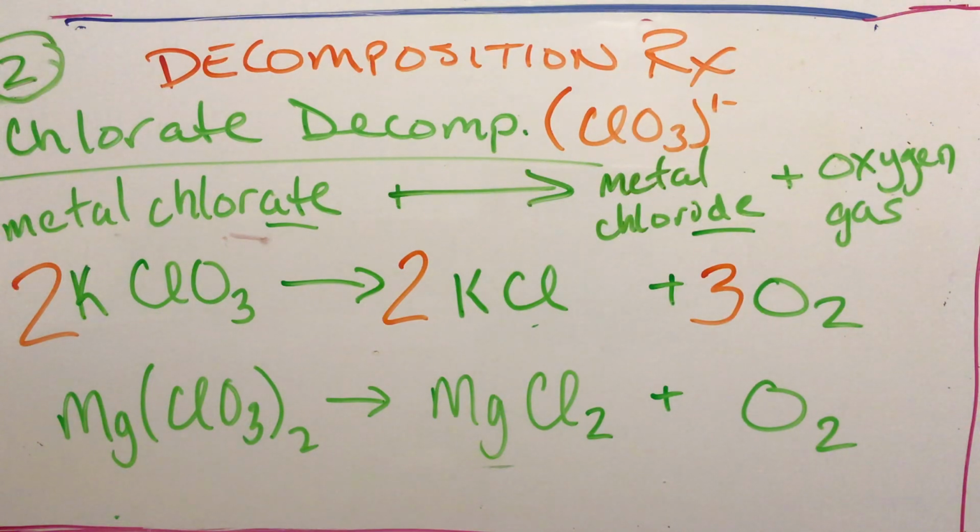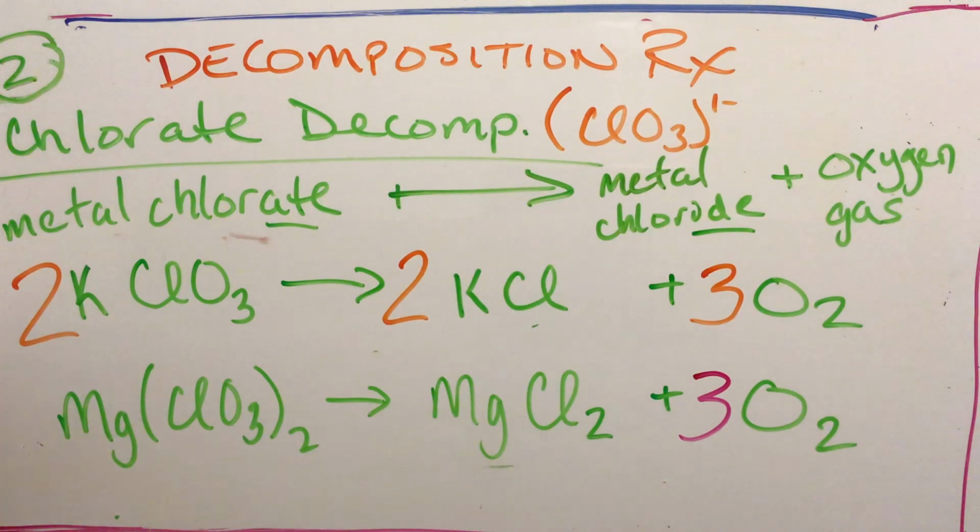So if we look here, magnesium, 2 chlorines, 6, 2 times 3 is 6 oxygens, and only 2, so that's an easy fix. I just throw a 3 there and we're all balanced off.